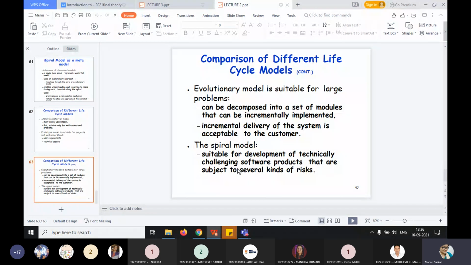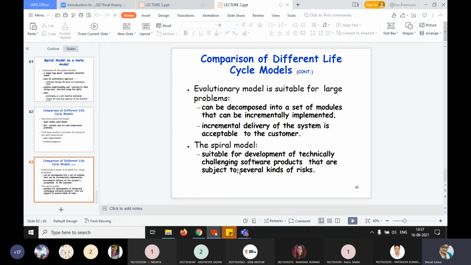Next is the evolutionary model. The evolutionary model is suitable for large problems. Whenever you have a large problem, you can use the evolutionary model. First, you make a core module, and based on that core module, you add more modules in later stages. So it can be decomposed into a set of modules that can be implemented, and incremental delivery of the system is acceptable to the customer.